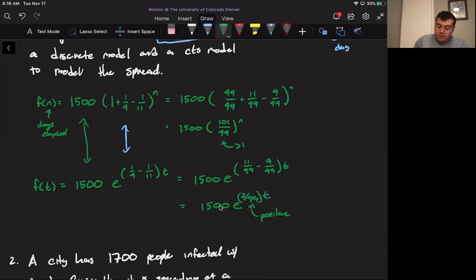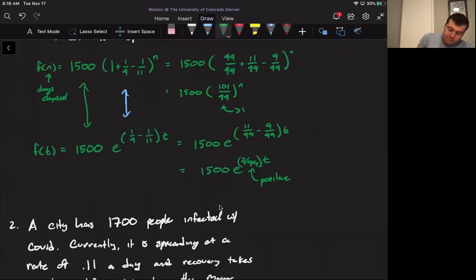If we wanted to know, say, how many people are infected on the 99th day, then we would just do f of 99 and evaluate the function. That's 1,500 e to the 2 over 99 times 99, or just 1,500 e squared.